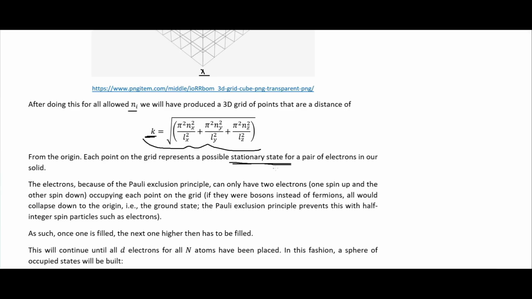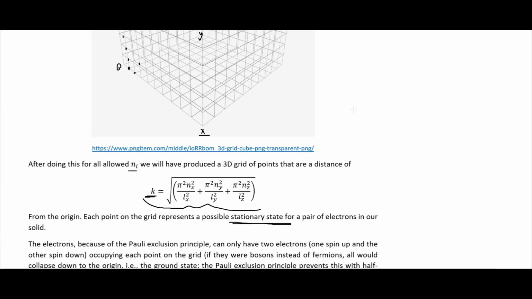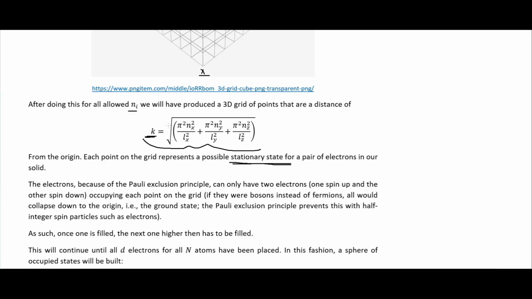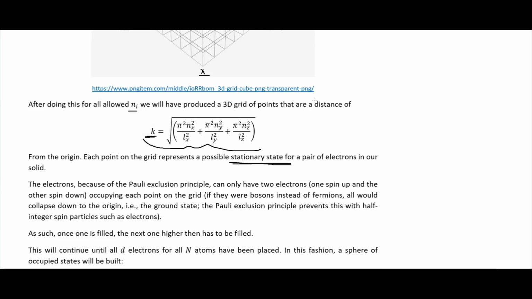And so every point on this grid is a possible state for electrons in our solid. Because of the Pauli exclusion principle, there can be 2 electrons for every point in this grid up here.